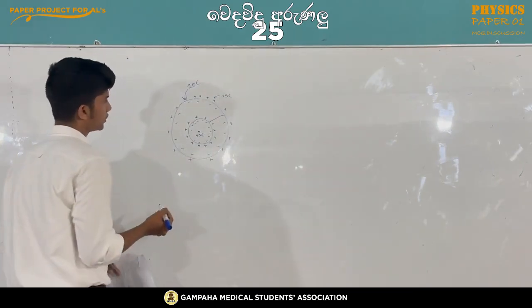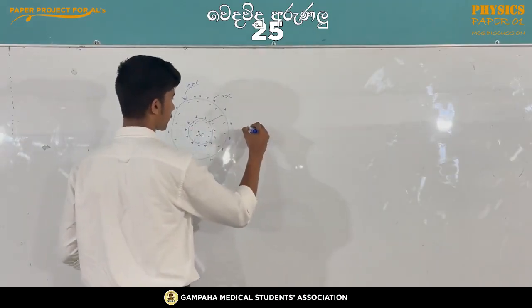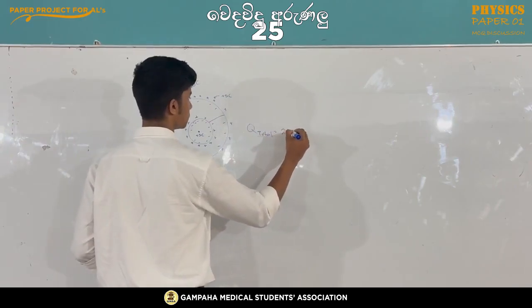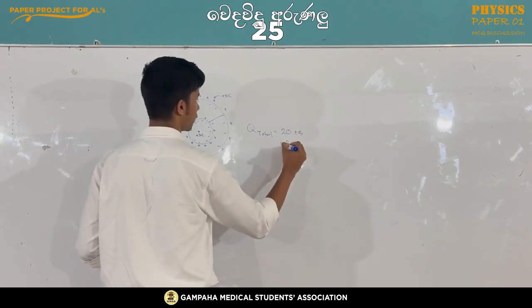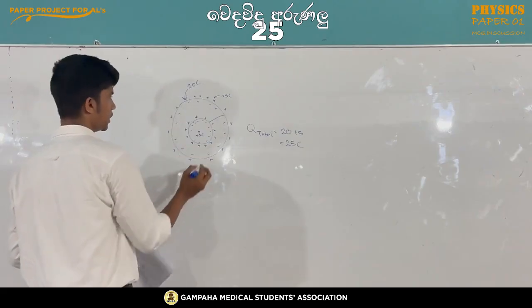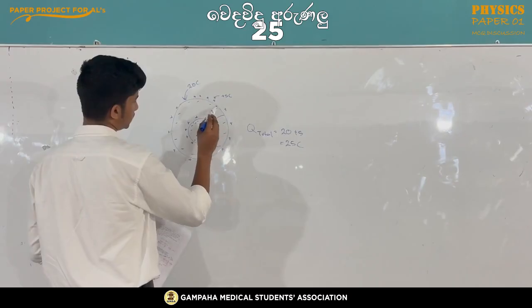So due to that, the total charge on the surface of the outer sphere will be 25 coulombs.